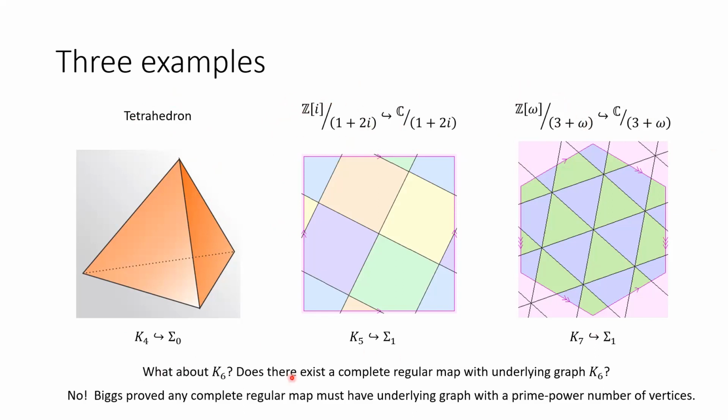And you might ask, what about K6? Does there exist a complete regular map with underlying graph the complete graph on 6 vertices? And the answer is no, because Biggs proved any complete regular map must have underlying graph with a prime power number of vertices. So if you look back on all 3 of these examples, 4 is 2 squared, 5 is prime, and 7 is also prime.